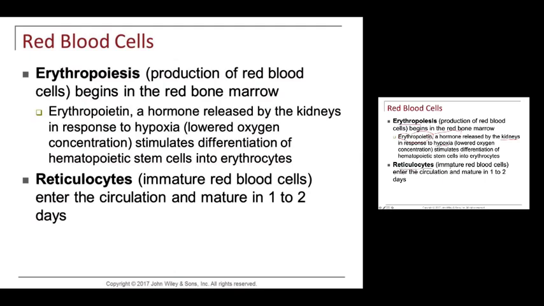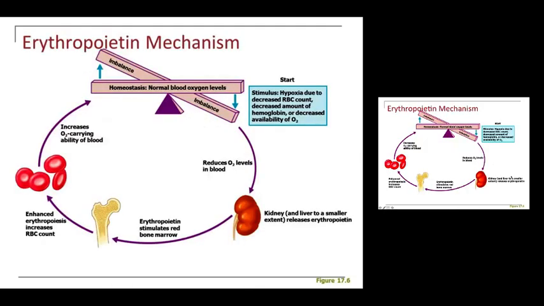Reticulocytes, as we showed you earlier, are immature red blood cells. They can stay in circulation for about 1 day, maybe 2 days, and they push out their nucleus and become an erythrocyte. So here, if we see that we have low levels of oxygen, we have some sort of stimulus that's creating this state of hypoxia.